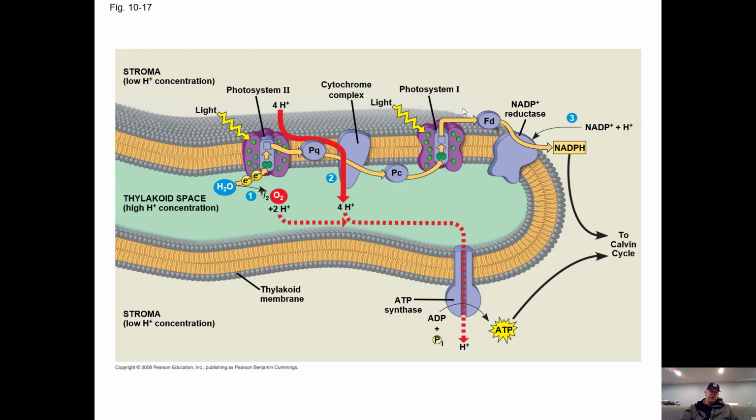Then they go to something called NADP reductase. Remember, a reduction means you're gaining electrons. So those electrons go to NADP reductase, which combines them with NADP plus and H to make NADPH. So NADPH is holding on to these high energy electrons. And the ATP and the NADPH are going to go to the dark reactions, or the Calvin cycle.